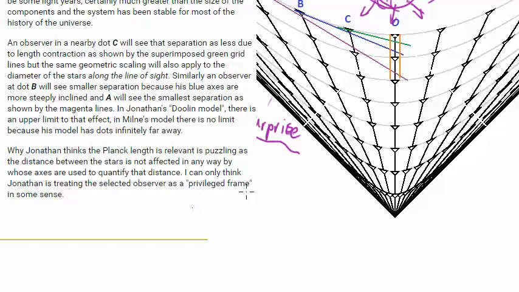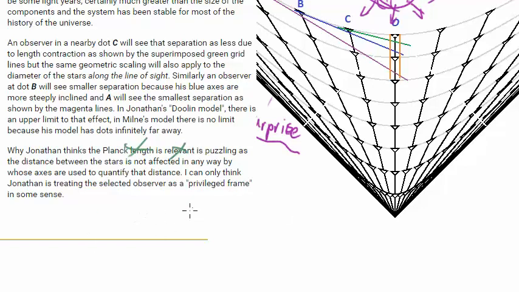I can only think, well, yeah, stop lying about things, George. I have pointed out that I don't believe that the Planck length even exists, so that's why I brought it up, to point out that it didn't exist. It's not relevant. It doesn't even exist.